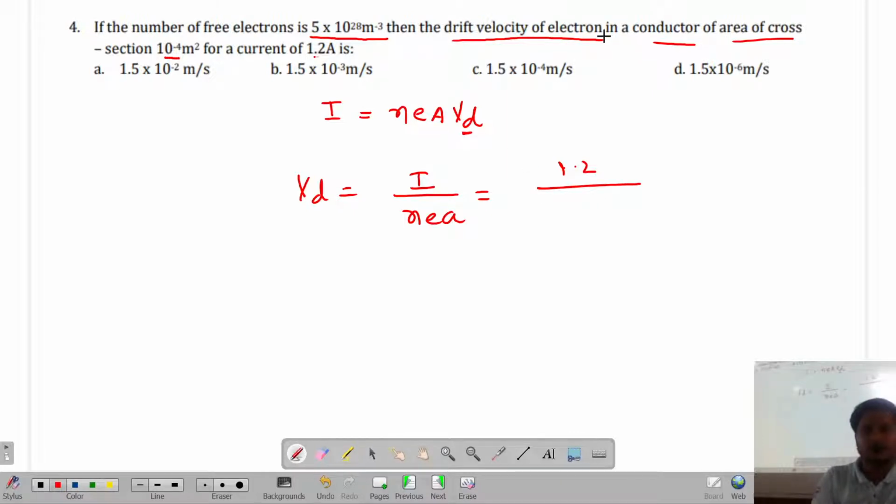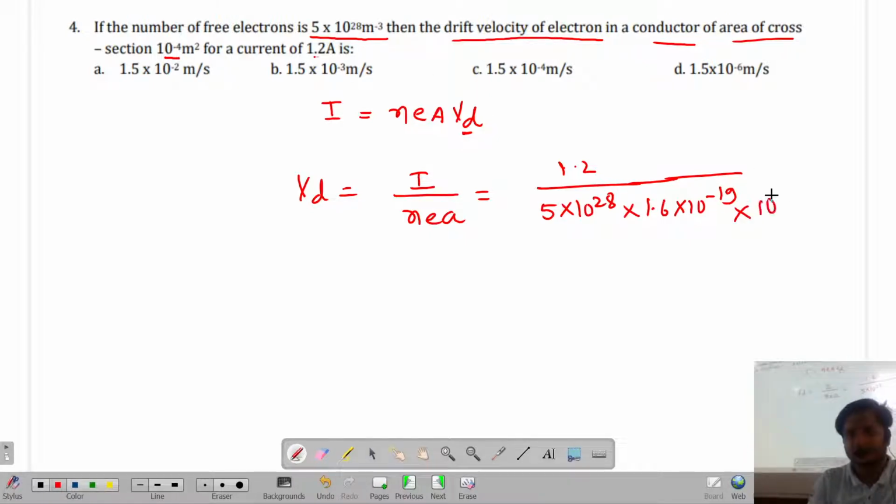Number here is 5 into 10 to the power of 28. E is 1.6 into 10 to the power of minus 19 coulomb, and area of cross section is 10 to the power of minus 4. If you put it, you'll definitely get the answer. Try to calculate it, everyone. How much are you getting?